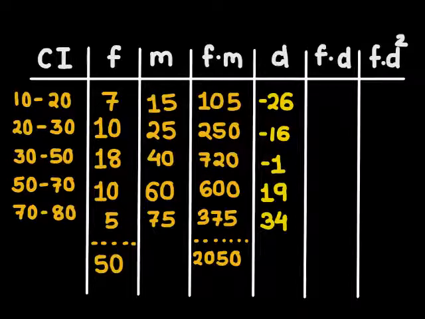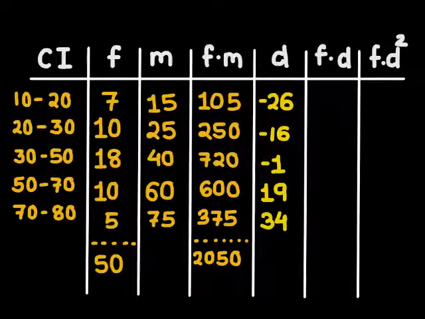The deviations of mid value from mean can be calculated by deviation equal to mid value minus x mean. So we calculate the deviation values for the fifth column. The mean calculated is 41, and the mid value for the first row is 15, so 15 minus 41 is minus 26.